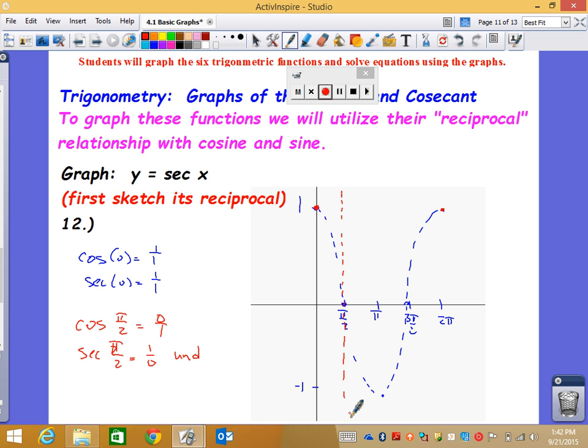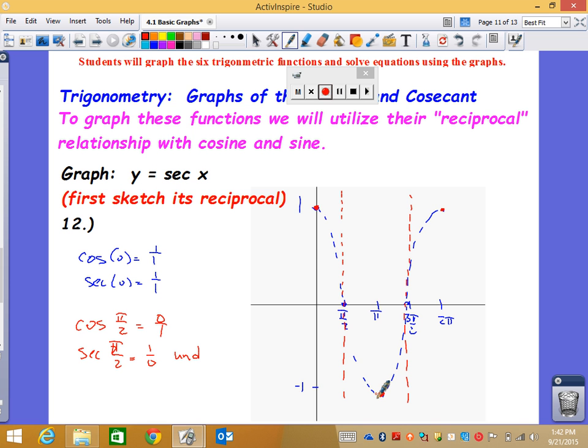And you'll notice the same thing for 3 pi over 2. We flip both sides, we get a 1 over 0. So we have asymptotes there. Well, if we think about pi then, the cosine of pi is negative 1, so the secant of pi would be a negative 1 over 1, so we also share that negative 1 point.